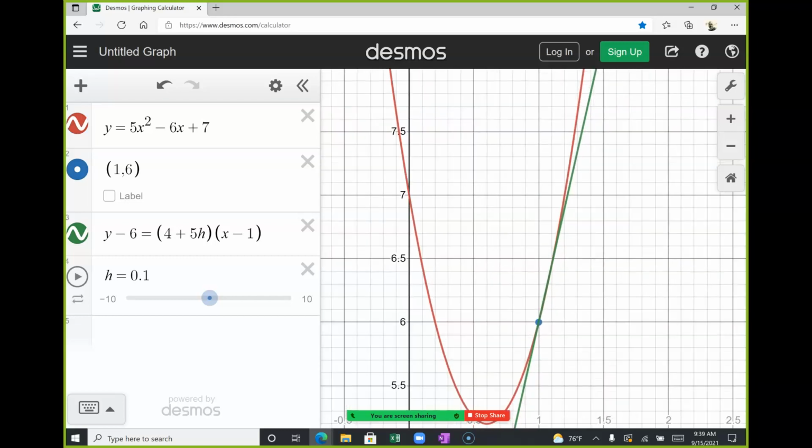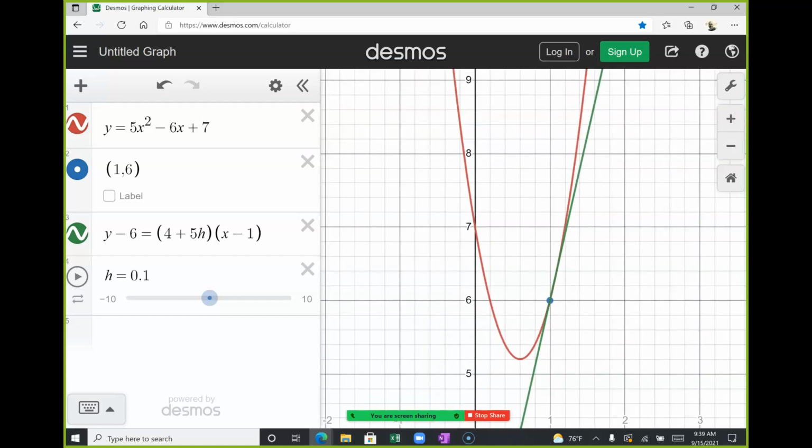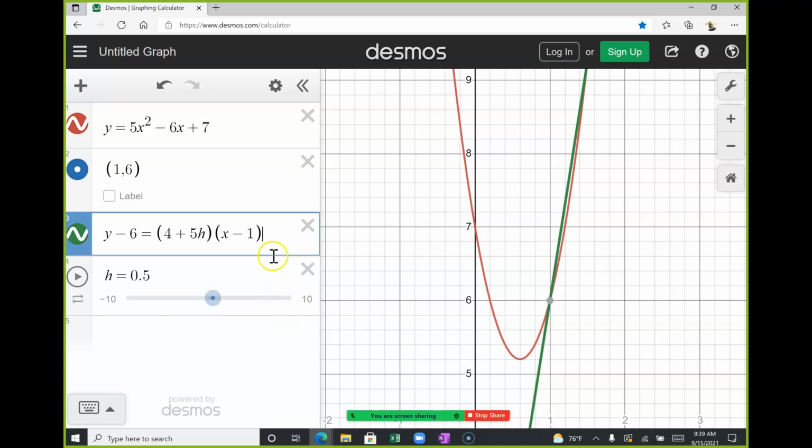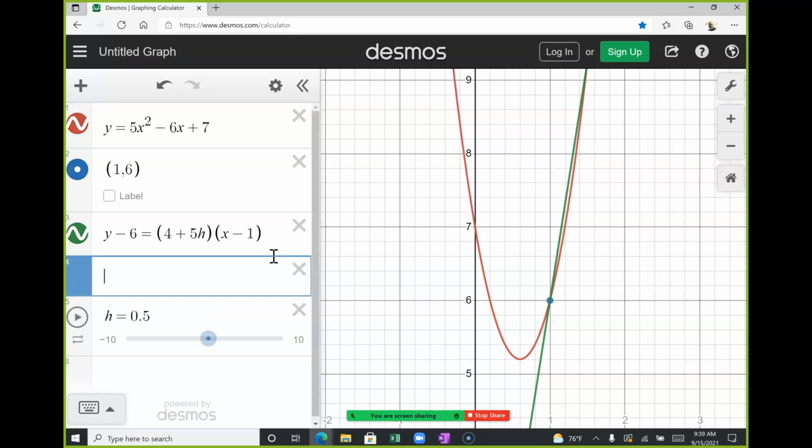Right, as h gets smaller and smaller, eventually when h goes to 0, I guess I should put my other point on, right? So what is the other point? Let me graph the other point here.